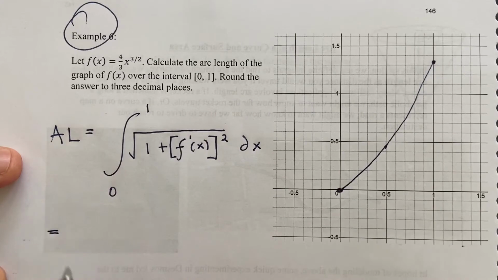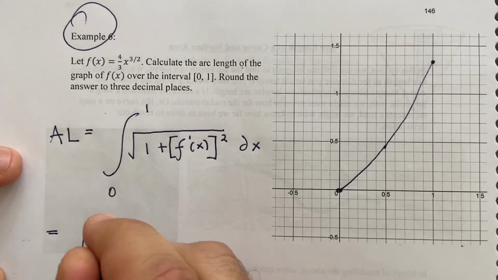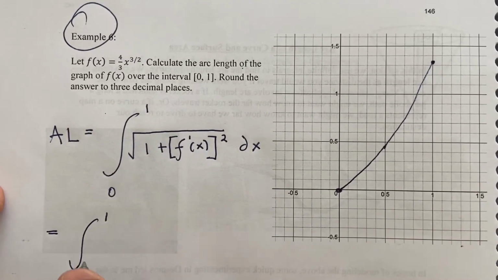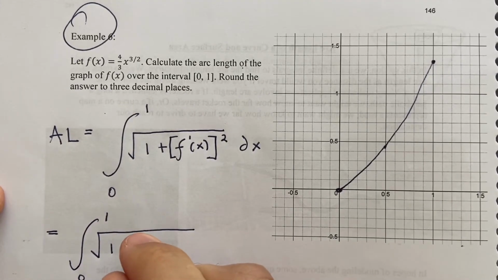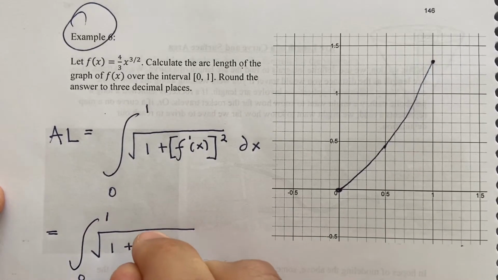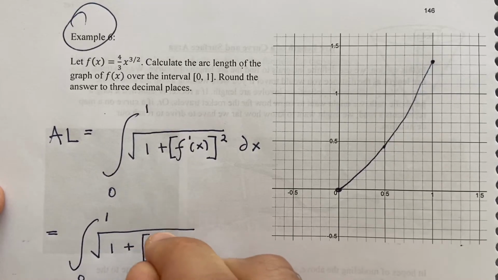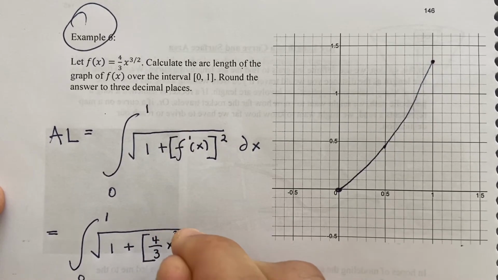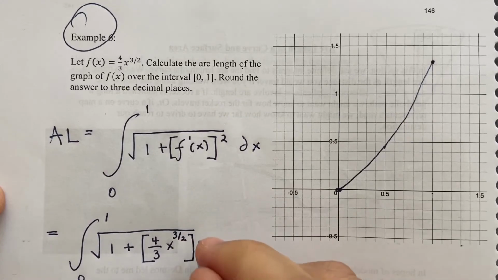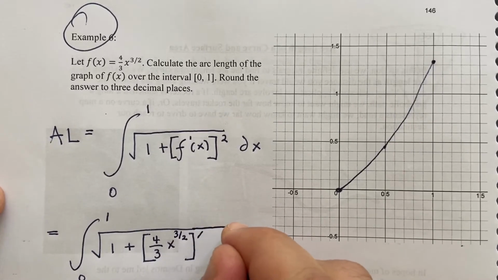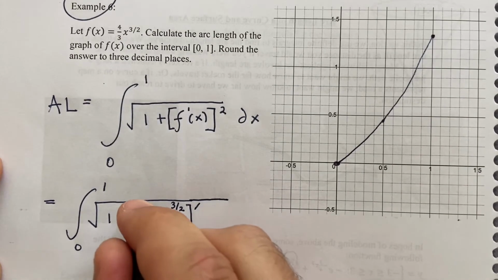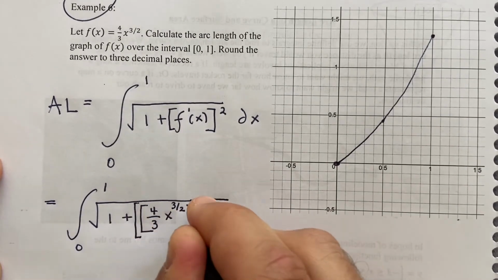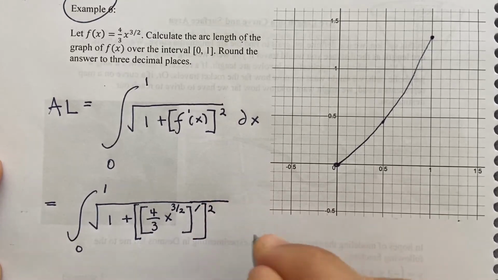Okay, so we would have the arc length from 0 to 1, the square root of 1 plus, so we'll have 4/3 x to the 3/2. We need to take that derivative, so I'll say this little tick mark to represent that derivative still needs to be taken. And then also after that derivative is taken, I need to square.